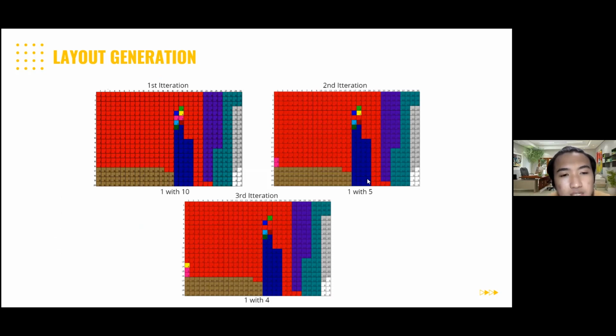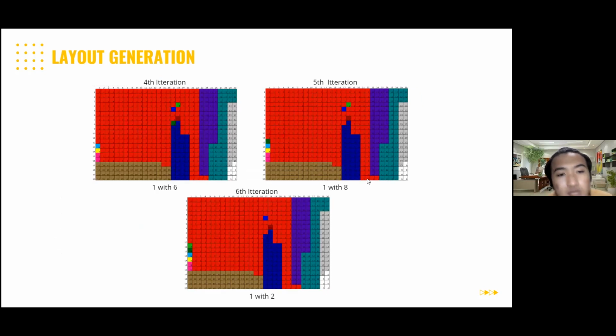The first iteration replaces 1 with 10, the second iteration replaces 1 with 5, the third iteration replaces 1 with 4, the fourth iteration 1 with 6, the fifth iteration 1 with 8, and the sixth iteration 1 with 2.